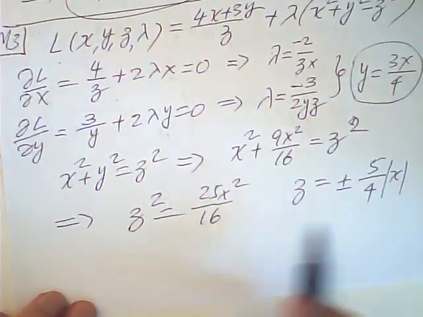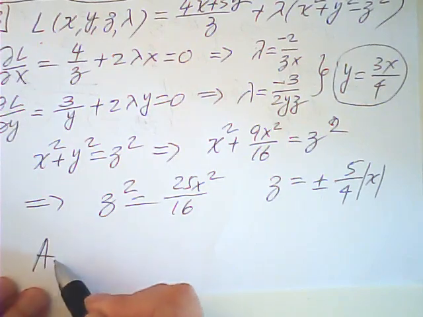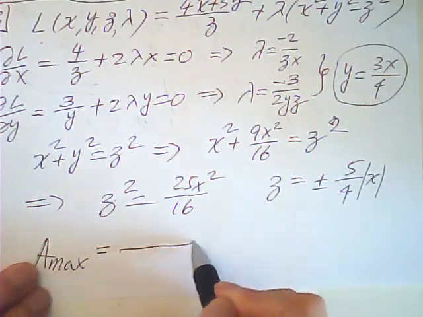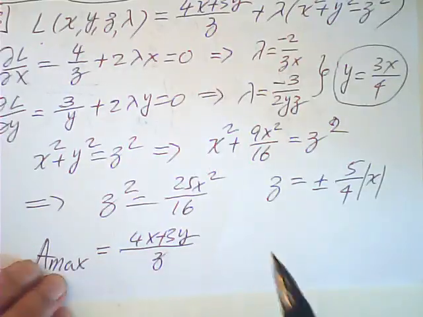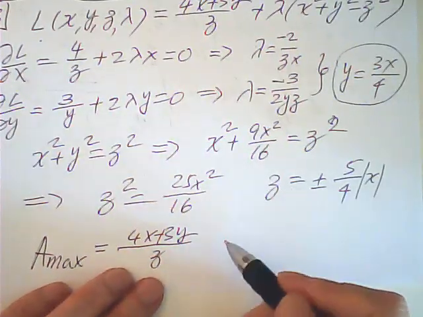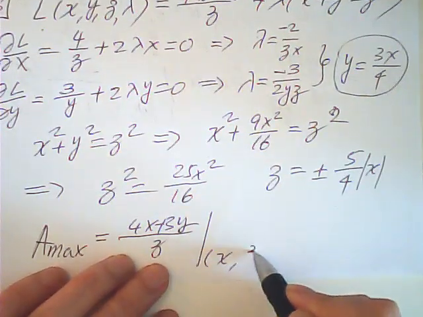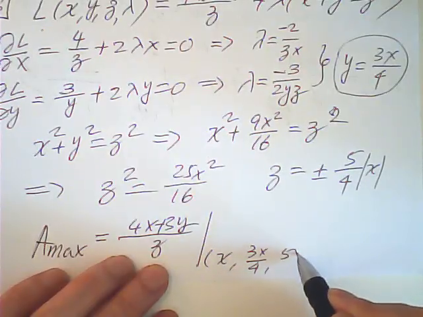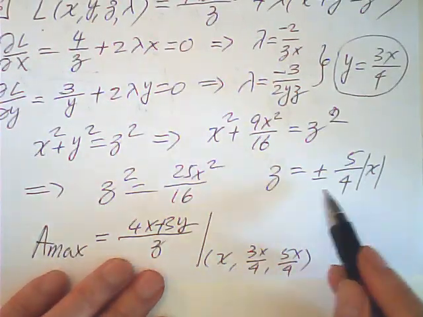Well, since we are looking for maximum A, maximum A is equal to (4x plus 3y) over z, which is 4x plus 9x over 4, over 5x over 4, because we're looking for maximum, z is this.